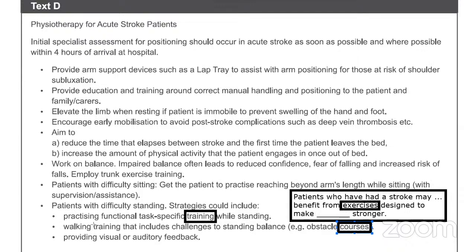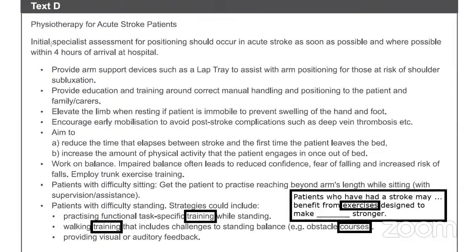Training means course. Exercises. Right. Now at least find out.